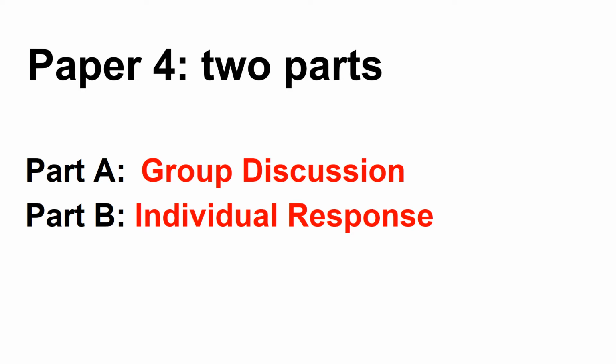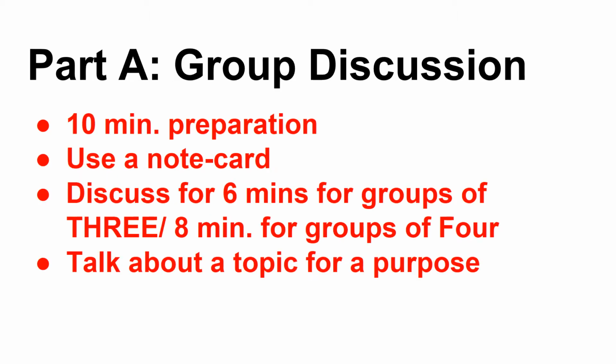Now if you remember, the paper 4 has two parts. Part A is the group discussions, and then part B is the individual response. For the group discussion for part A, you have 10 minutes to prepare a note card.